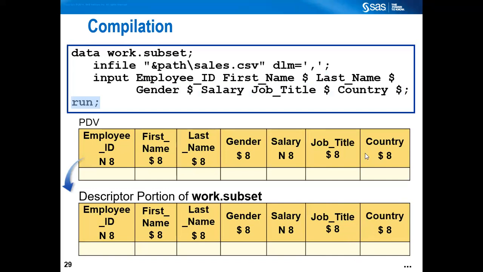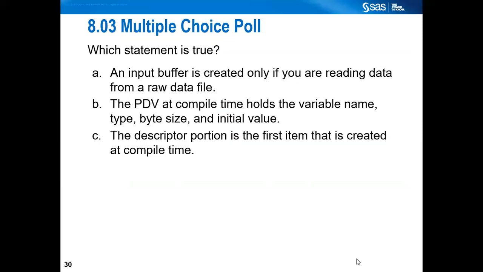Now let's see how the data portion is created. That is your execution phase. Before moving into it, you have a poll. Which statement is true? An input buffer is created only if you are reading data from a raw data file.